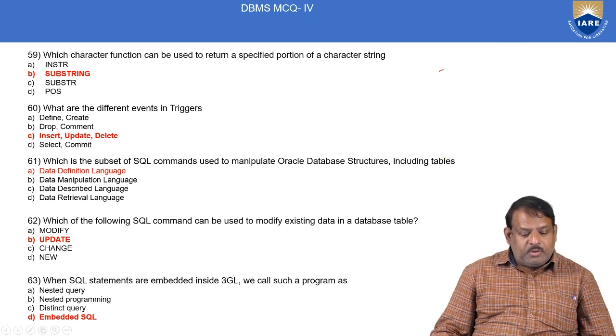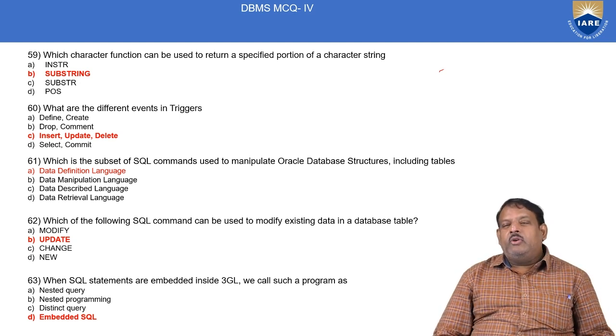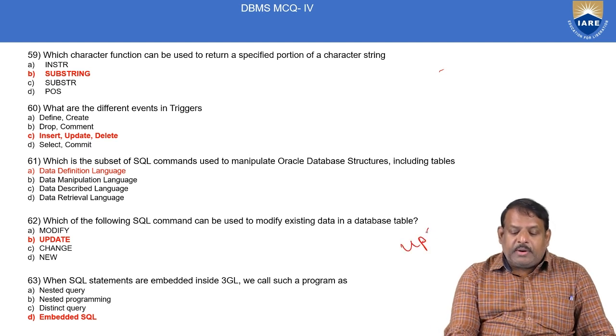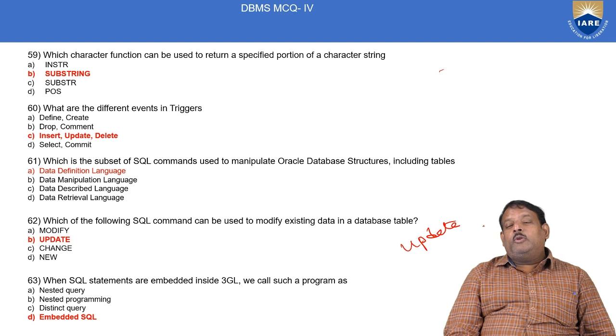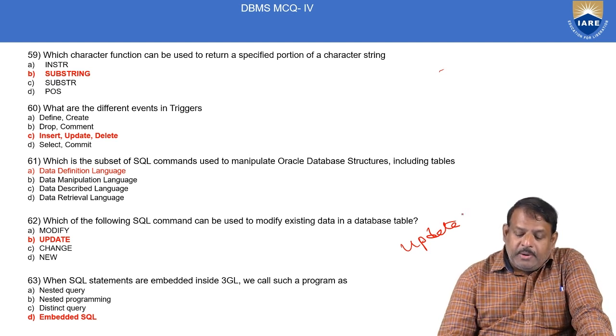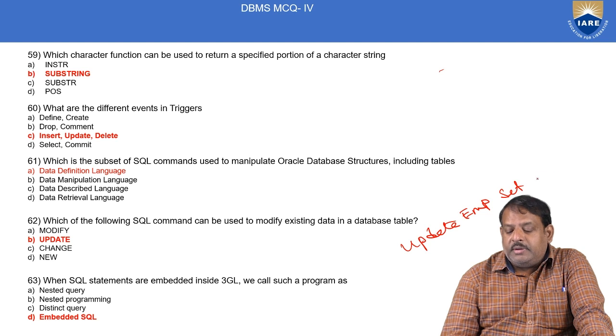Now, which of the following commands is used to modify existing data in a table? When you want to modify existing data, we have to use the update command. The update command is used to modify an existing value in the database. The command would be update table name. Suppose the table name is EMP. I want to set department equal to some new value where employee is equal to 10.